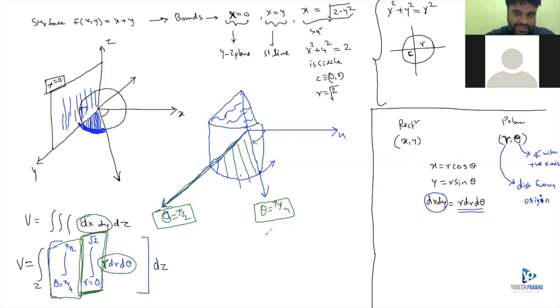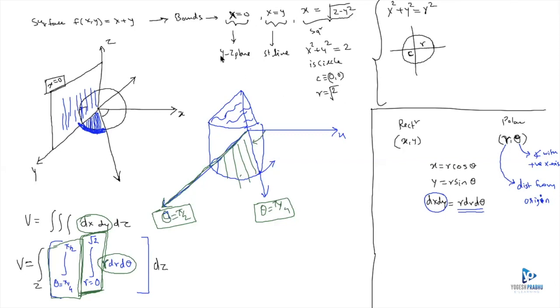So let's just assume that dx dy is going to be r dr d theta. The only limits we don't know are the limits of z, but everything else is figured out. Now, let's solve this more.